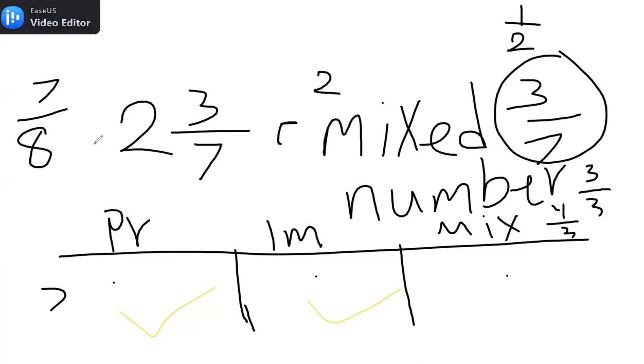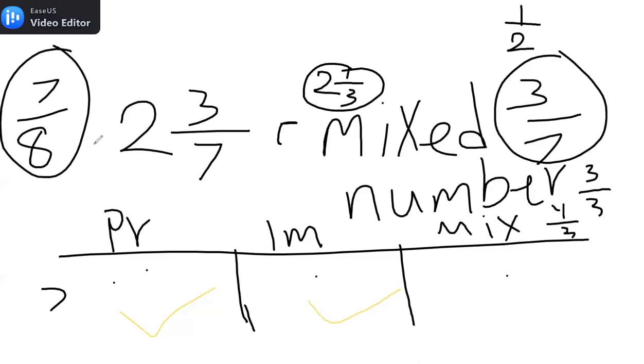A whole number and a proper fraction, we call it a mixed number. So 7/8, a proper fraction or improper fraction? Seven is smaller than 8 or greater than 8? Proper. Okay, so 7/8 is proper and we should put a tick here.